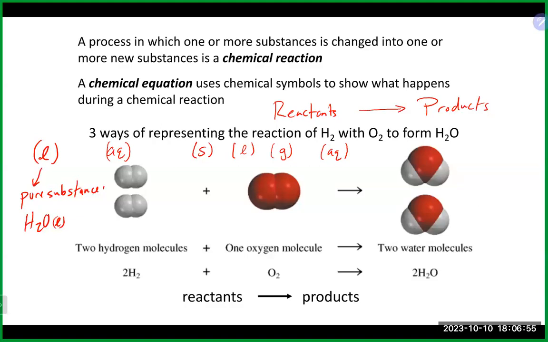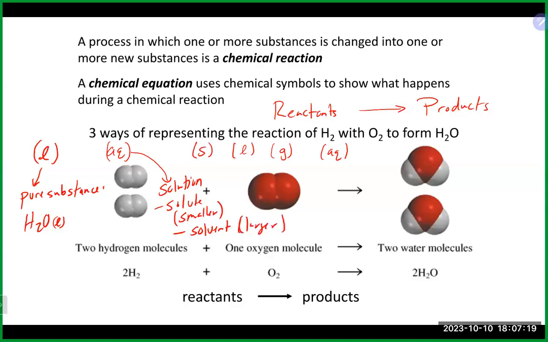Now, something aqueous is usually made by dissolving something in another part of a solution. So aqueous is typically a solution that has two parts. It has the solute, which is the smaller part of a solution, and it has the solvent, which is the larger part of a solution.